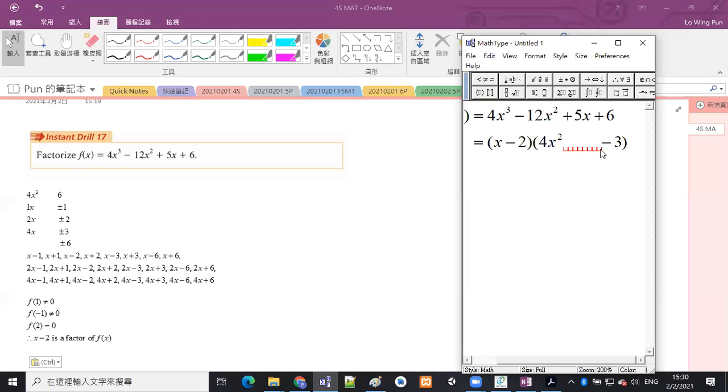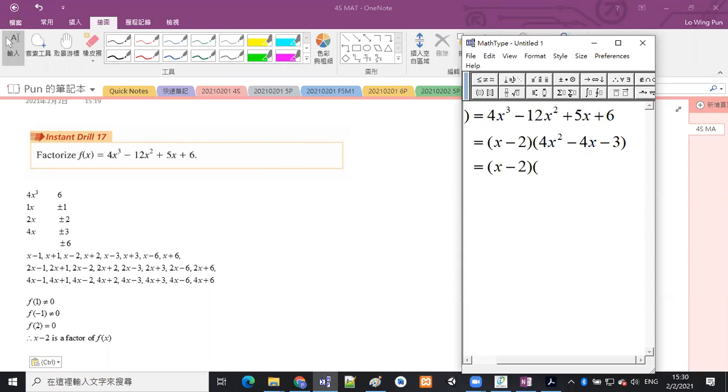It should be minus 4x. And don't forget to check whether the 4x squared minus 4x minus 3 can be further factorized into a product of two brackets. In this case, it can be further factorized.